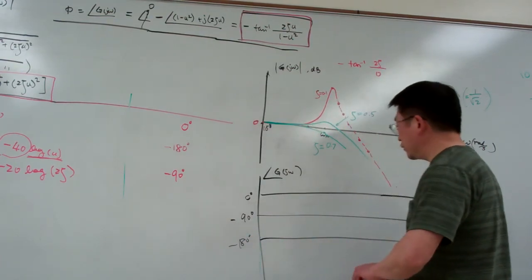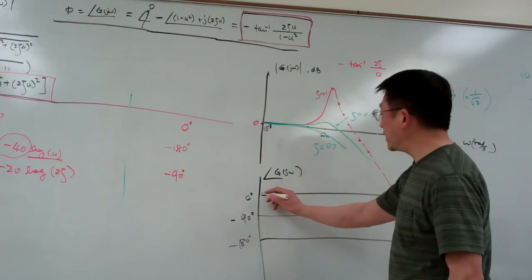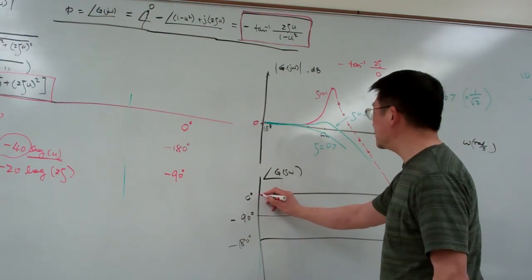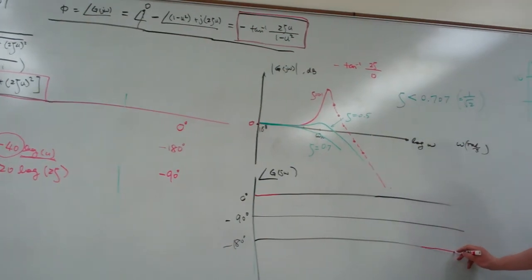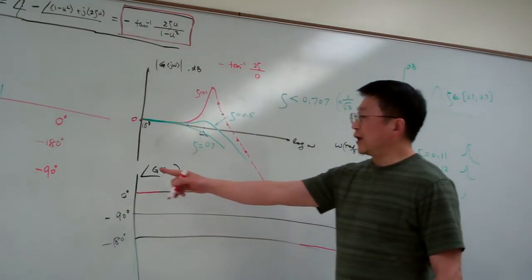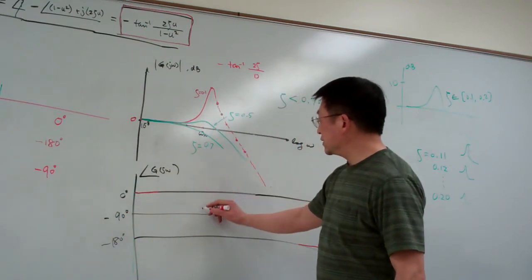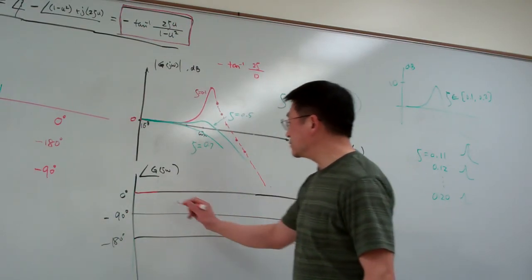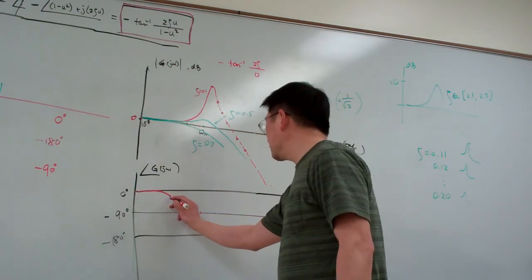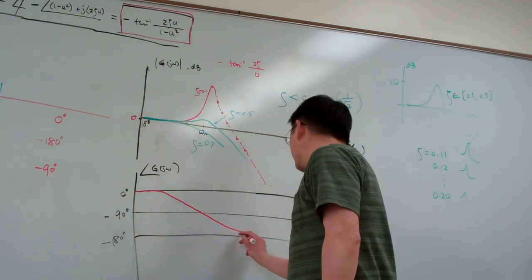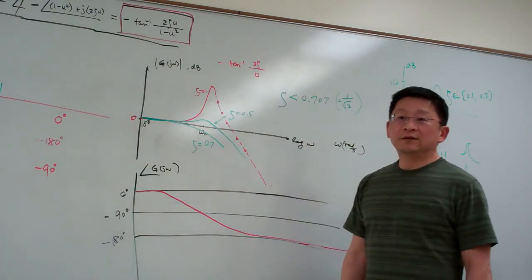At a small omega, that is pretty much 0 degrees. At a larger omega, that is minus 180 degrees. And at the resonance frequency, that is minus 90. So you can do this roughly and just do the curve fitting, something like this.